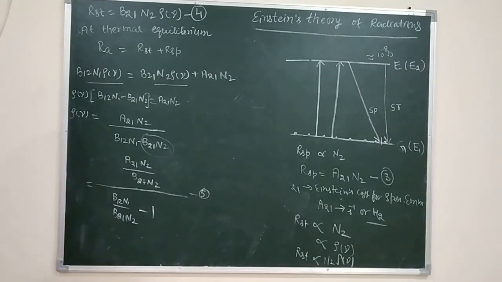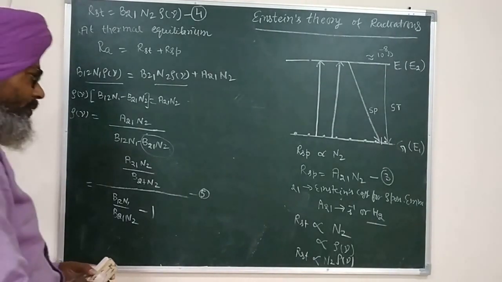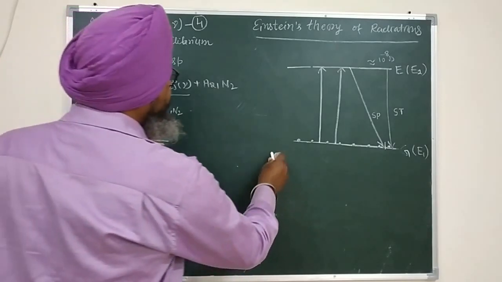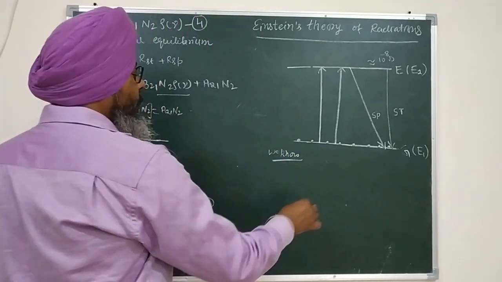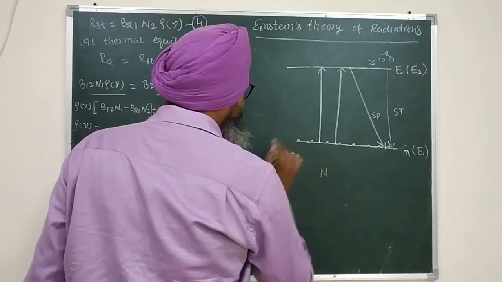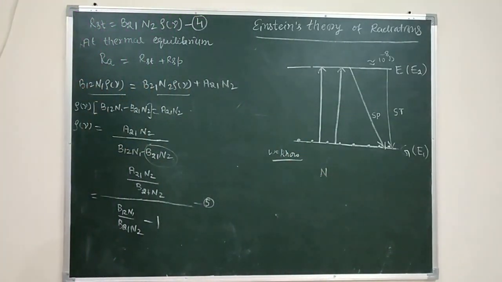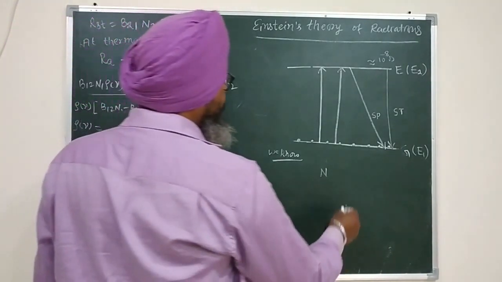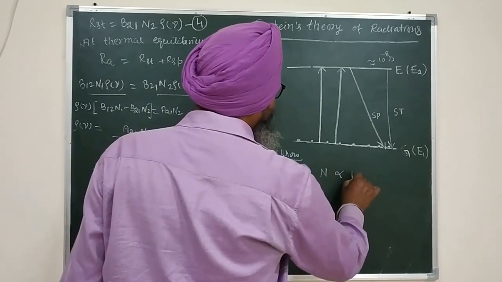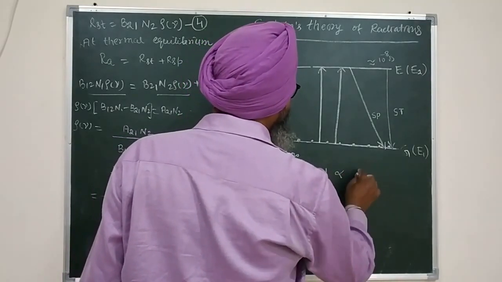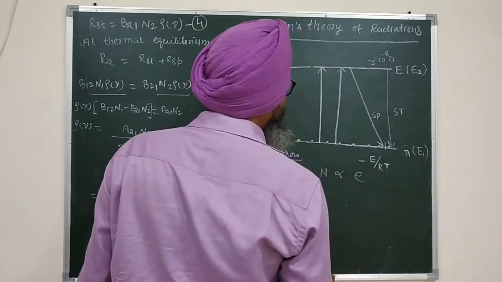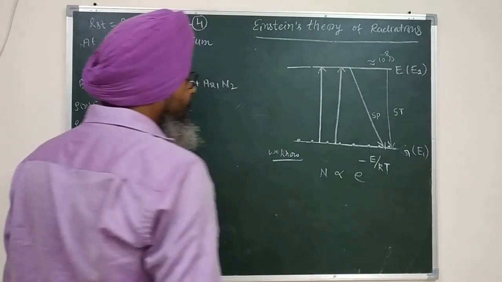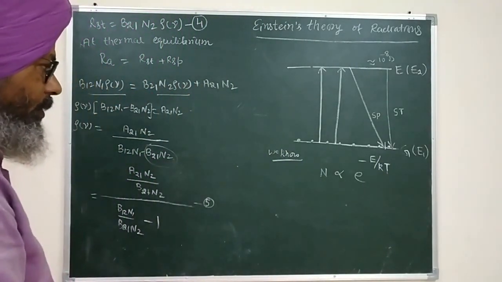Now we have this relation in our classes that the number density of electrons in a level having energy E at a given temperature T is proportional to this factor. Kindly remember here K is the Boltzmann constant.